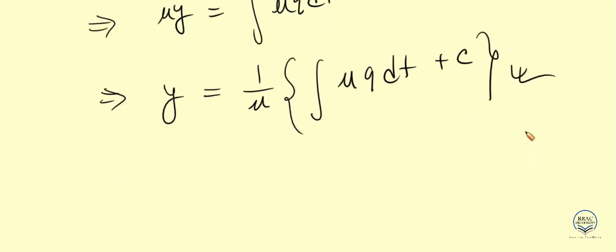So the way to go would be just putting the limits over this integration. So let's say I want to have a solution bounded like this. Let's say t0 to tf, that is, starts from t0 and ends up at tf, that is t final.